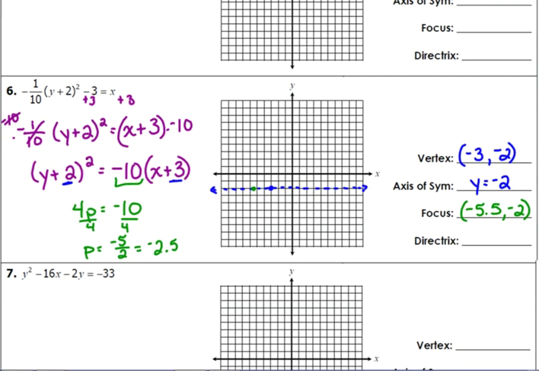Our directrix is a line that is that many units away from the vertex. So we go 2.5 units to the right. And it is also a dotted line because it's not technically part of the graph. And that's a vertical line, so it's going to be x equals -0.5.